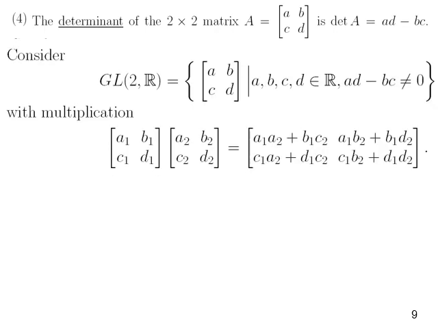So consider a set, call it GL2(R), consisting of square matrices with entries A, B, C, D, where A, B, C, and D are real numbers, such that the determinant is not equal to 0, with multiplication given by this.